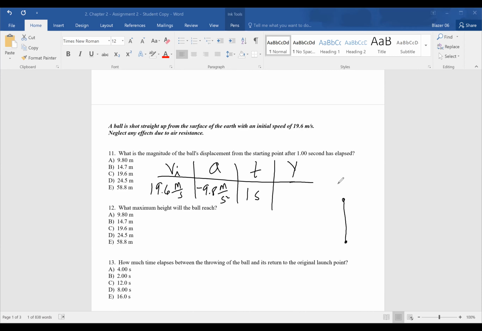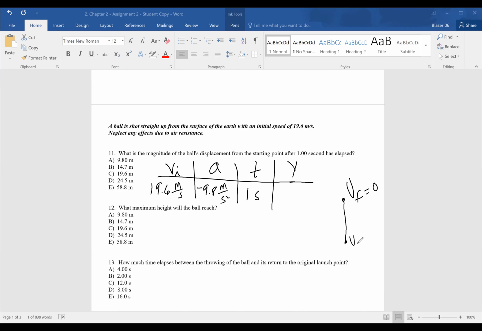Then number 13 says, how much time elapses between the throwing of the ball and its return? So this time now is the total time. In other words, what you could do is find out how much time it takes to reach its maximum height, where v final is 0.